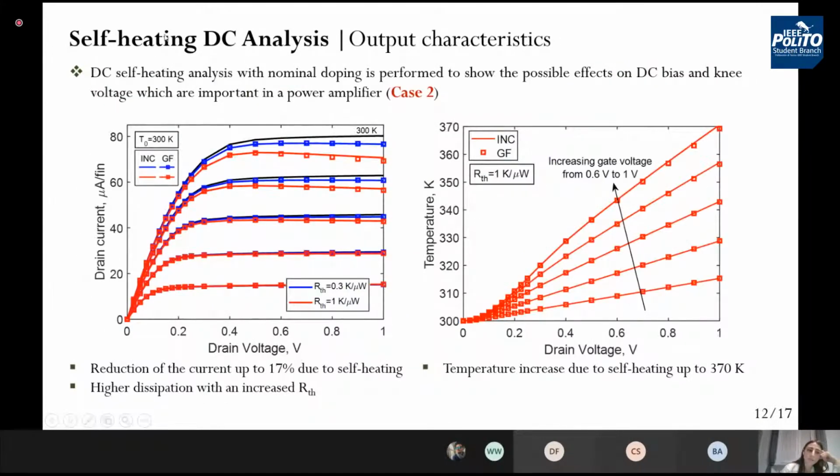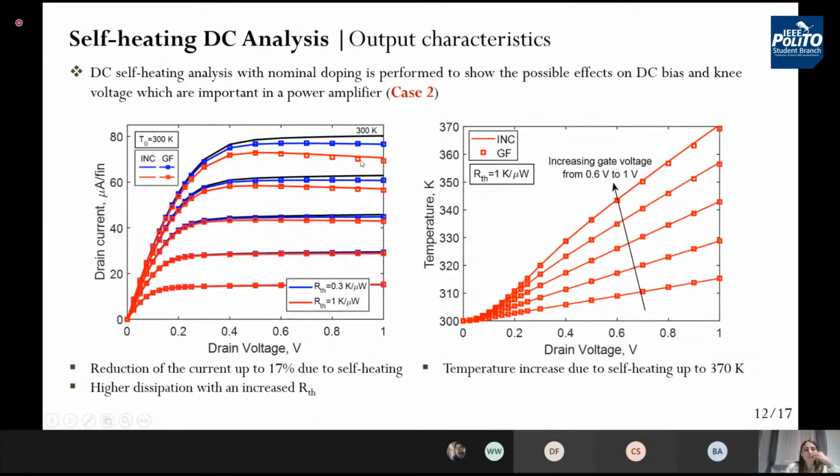Here we have the result of the self-heating analysis, always in DC conditions, and with two different thermal resistances. There is a reduction of the drain current, even in this case, but due to self-heating. And there is a higher reduction when the thermal resistance is bigger.